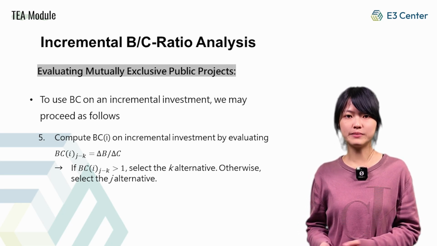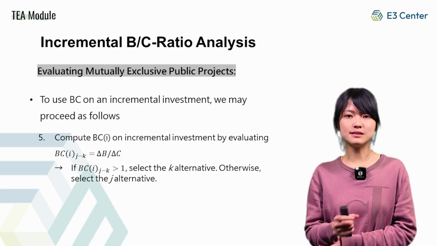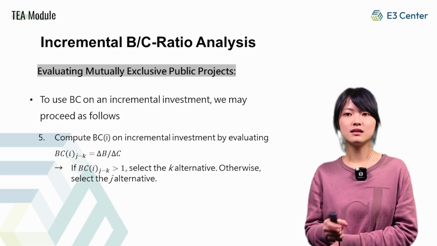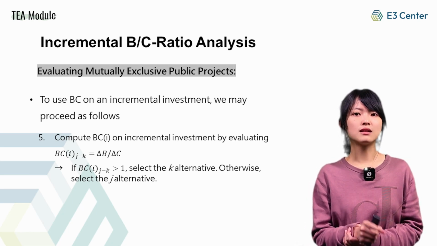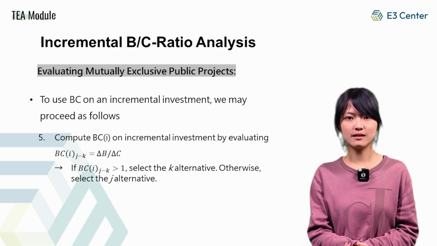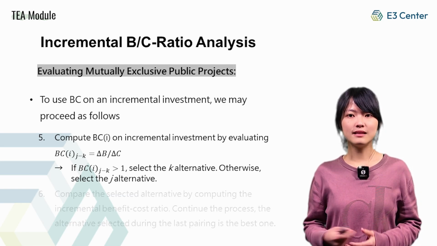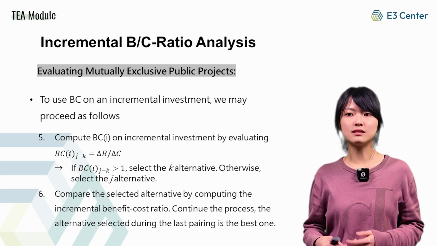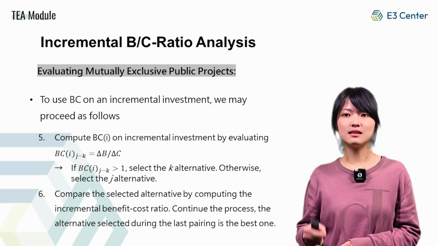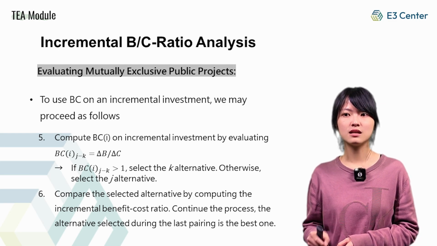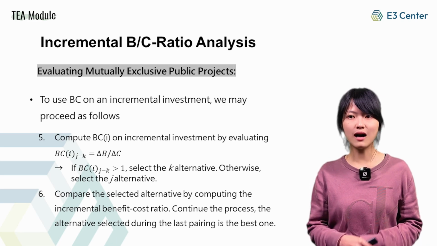If the incremental BC ratio for the pair is greater than 1, the more expensive alternative, like K, is justified and should be considered over the less expensive one, J. If not, retain the less expensive option, and then continue the process through the list of alternatives. The final alternative selected in the last pairwise comparison is determined to be the most cost-effective choice among all the considered options.